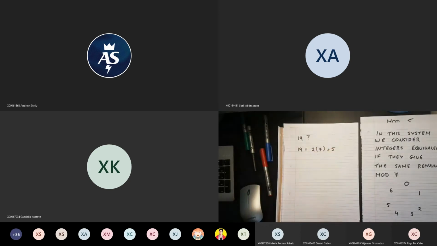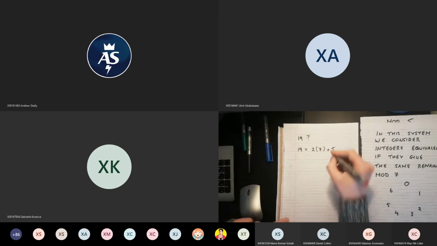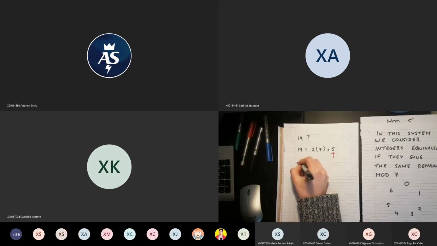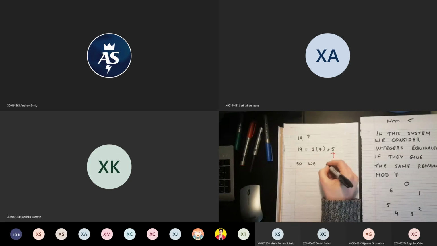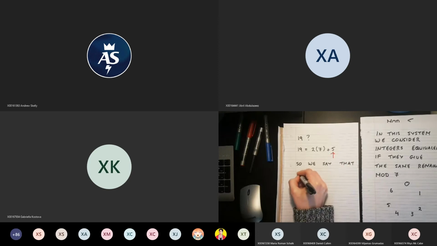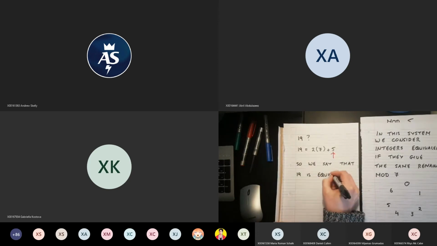So this here is the remainder. So we say that 19 is equivalent to 5 in mod 7.